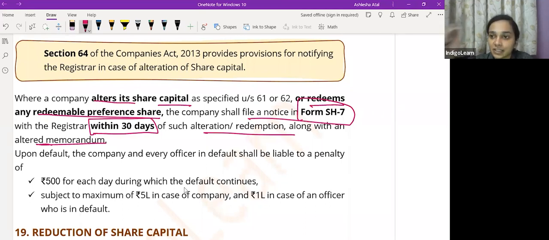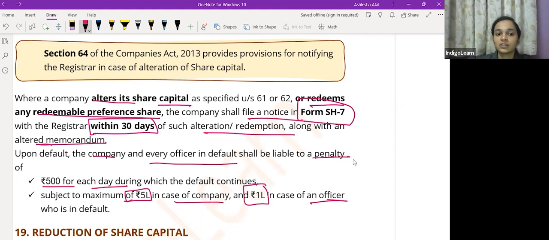And if there's any default in this particular situation, the company and every officer in default will be liable to a penalty of 500 per day. मतलब 30th डे के बाद जितना भी डिले होता है तो हर दिन का 500 rupees till the time the default continues, subject to maximum of 5 lakh in case of company and 1 lakh in case of officer in default.